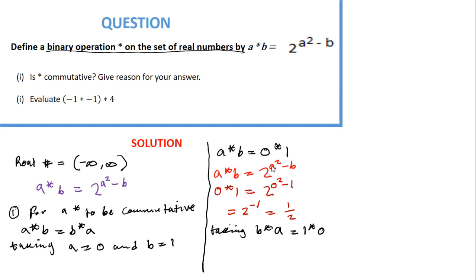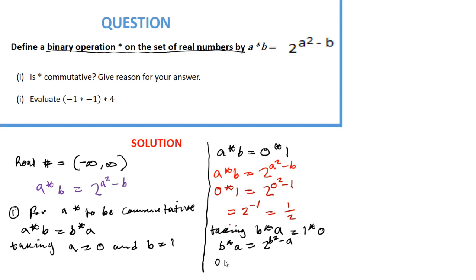Where there is a, now we are putting b, and where there is b, now we are putting a. So our formula will change a little bit: b star a is simply equal to 2 to the power b squared minus a. That's how the formula will change.